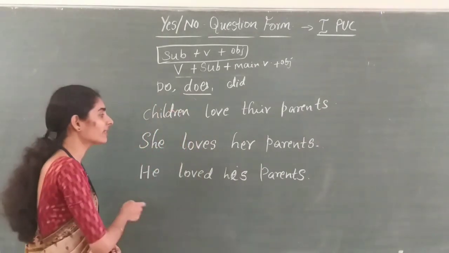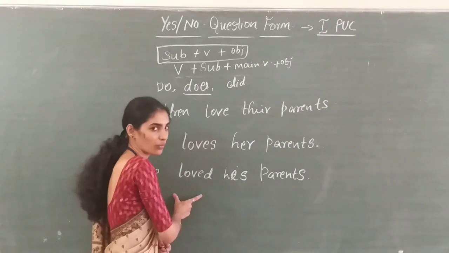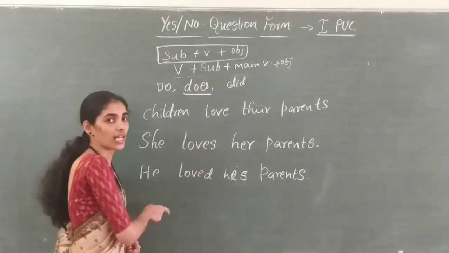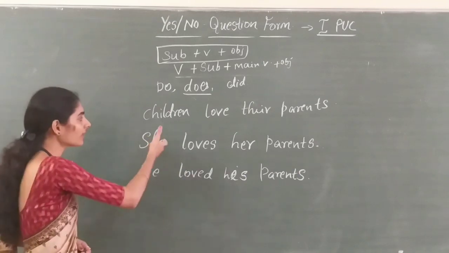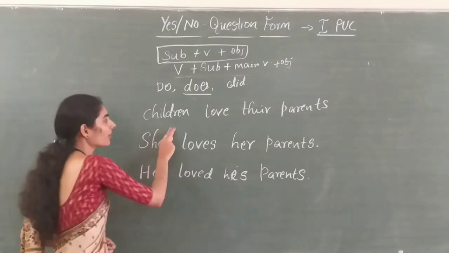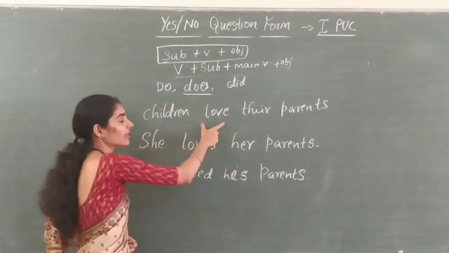Look at these three sentences, and in all three sentences we have one verb which is the same verb, that is love, right? But the tense is different. Look at the first sentence here. Children love their parents. Why didn't we write loves here?